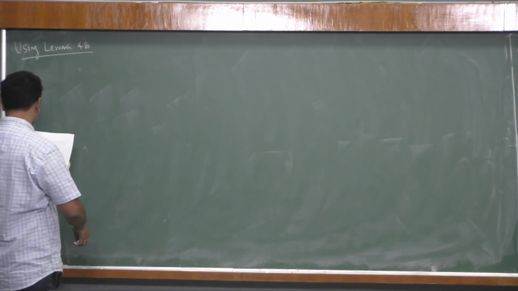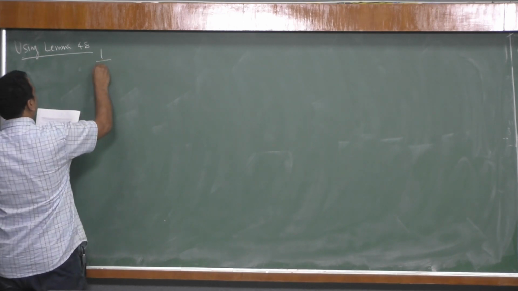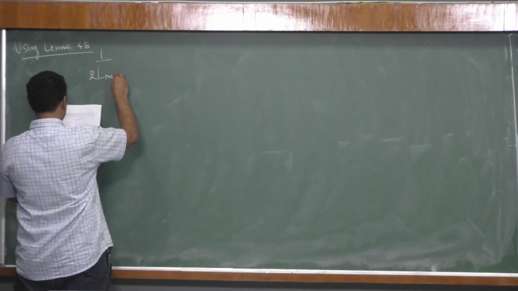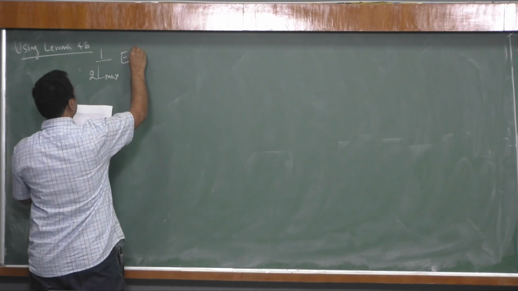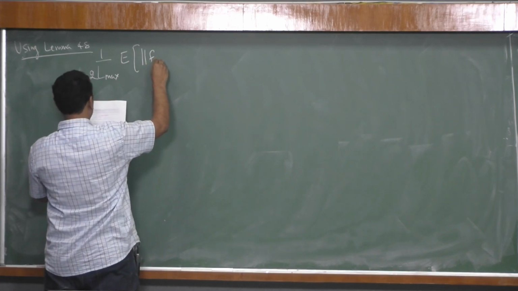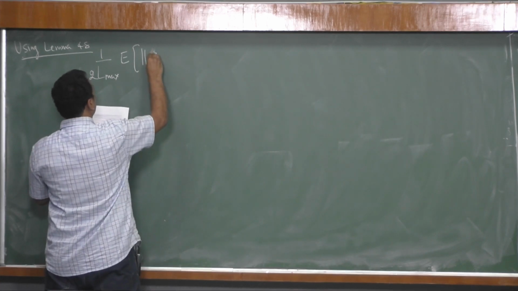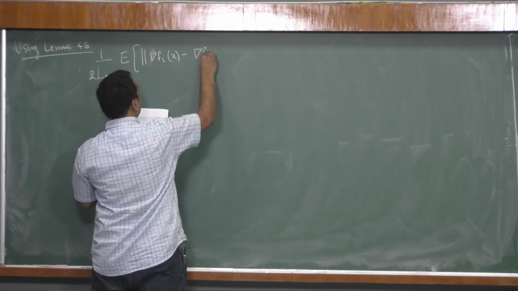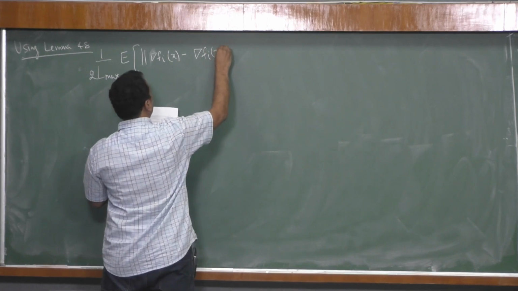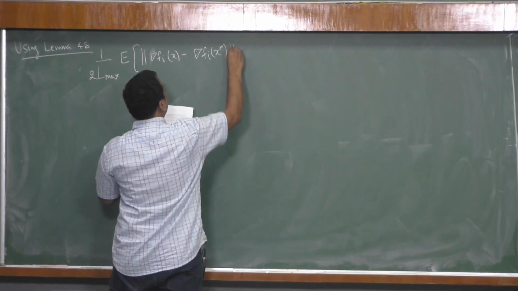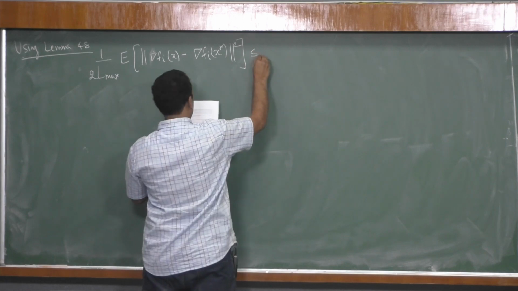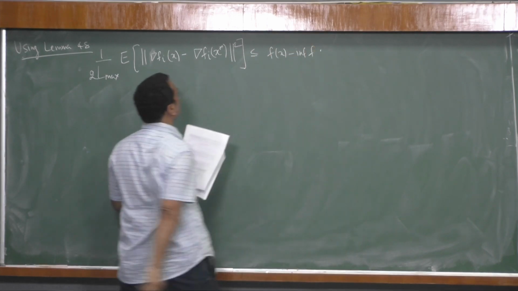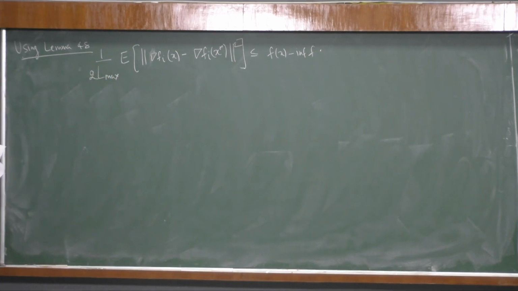If you recall lemma 4.8, it was 1 by 2 L max times the expectation of norm of gradient of fi x minus gradient of fi x star, squared, less than or equal to f(x) minus infimum of f. Okay, so we have proved this lemma.